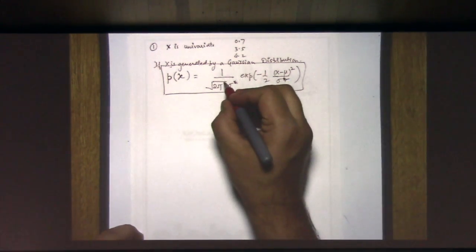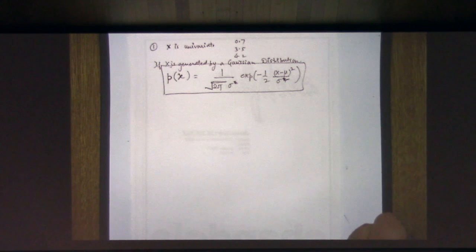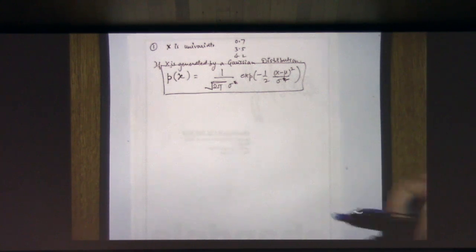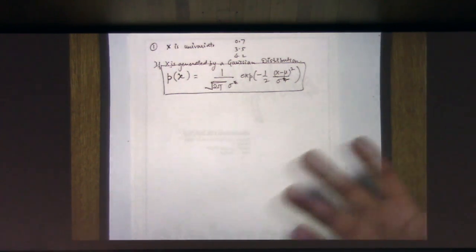Yeah, so this is outside this square root of sigma square. So that's the probability density.